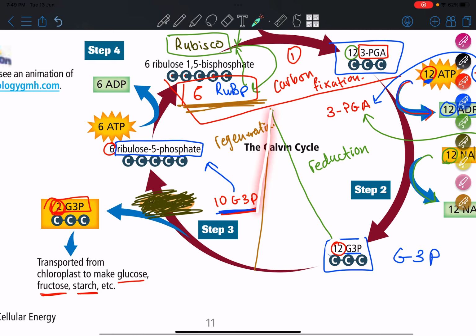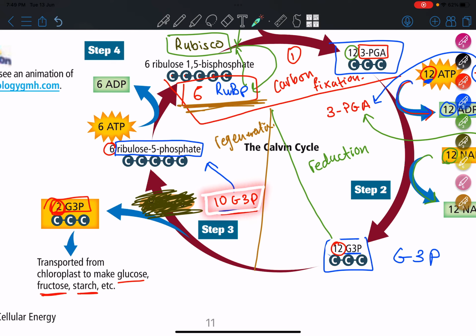Then in the last step, which is called regeneration, from the 12 G3P that we have, 2 will leave the process and they will be transported to the chloroplast to make glucose, fructose, starch, etc. The 10 G3P that are left are converted into 6 ribulose 5-phosphate, 5-phosphate, not just phosphate, with the help of the Rubisco.